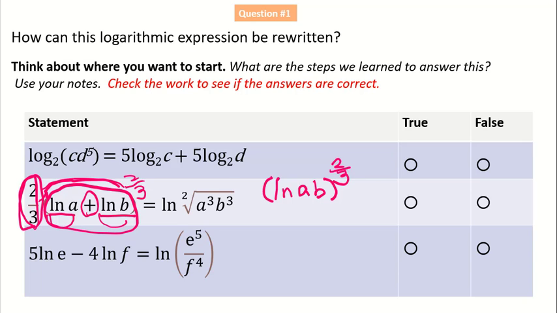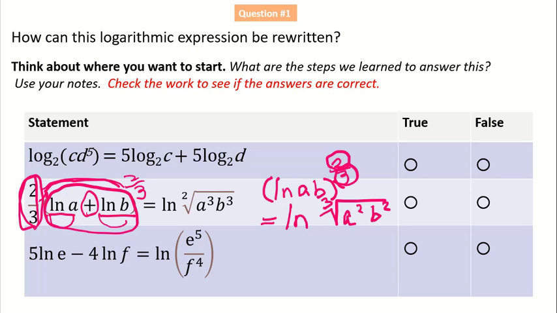Now what that means is we have the natural log of ab, and this is what we're raising to the power. So a squared, b squared, and the denominator is going to be the type of root. So we have a cube root of a squared, b squared.